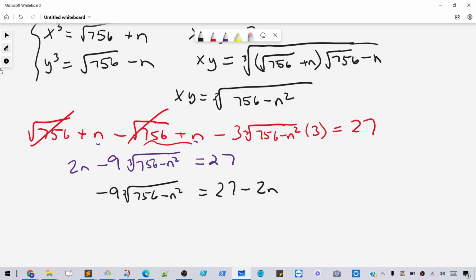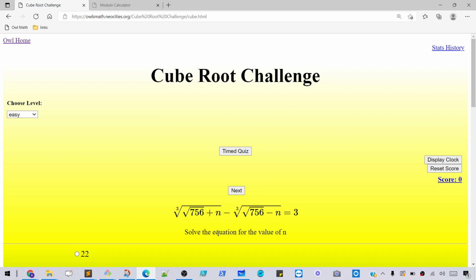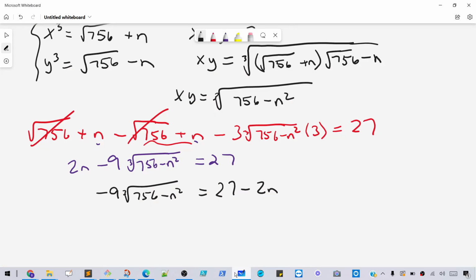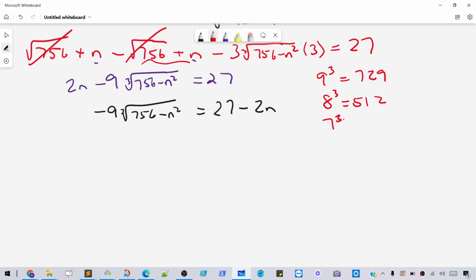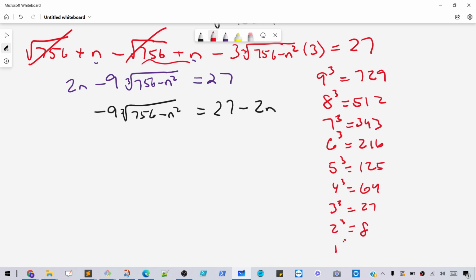Cubes below 756, in reverse: 9 cubed is 729, 8 cubed is 512, 7 cubed is 343, 6 cubed is 216, 5 cubed is 125, 4 cubed is 64, 3 cubed is 27, 2 cubed is 8, 1 cubed is 1.